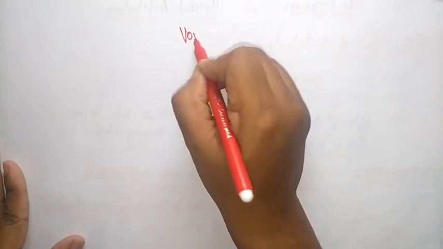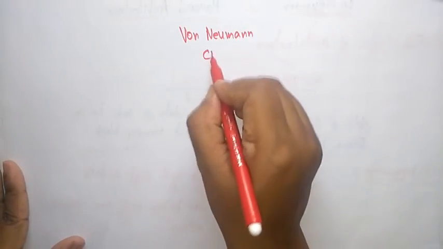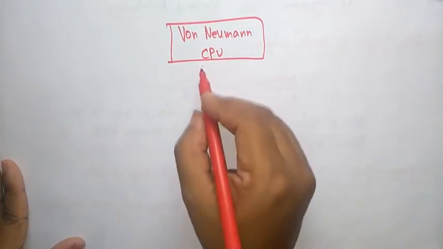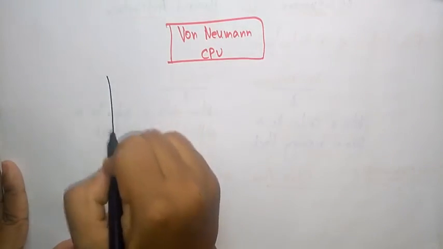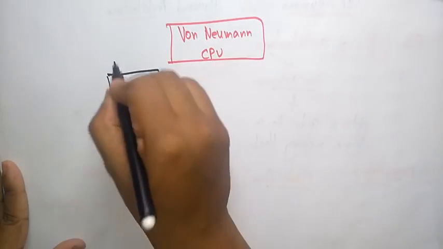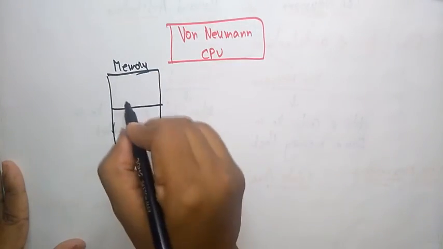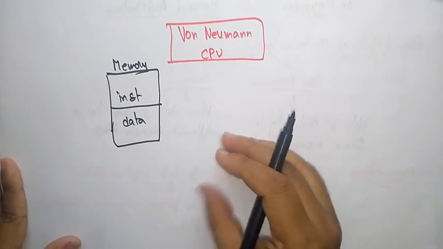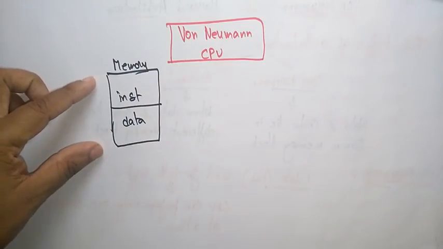Let's take the von Neumann. This is a CPU, a controller. This CPU accesses only one memory block. A single memory block is accessed by the CPU, and that single memory block consists of instructions as well as data. The instructions and data lie in the same memory block.